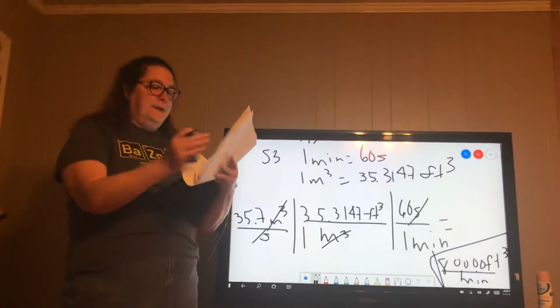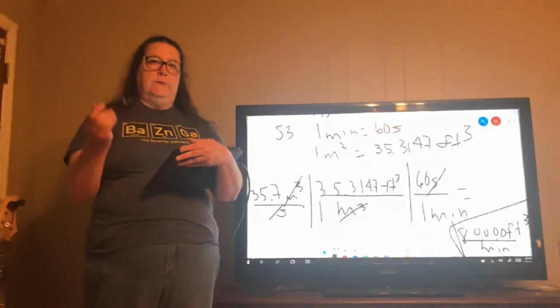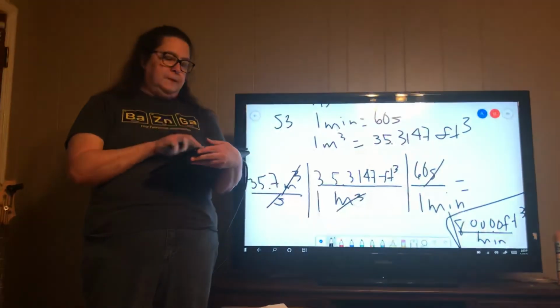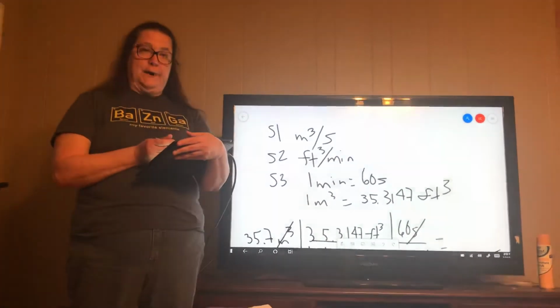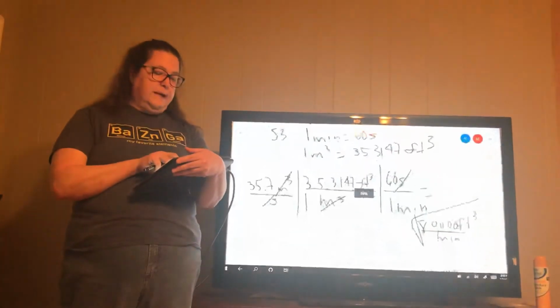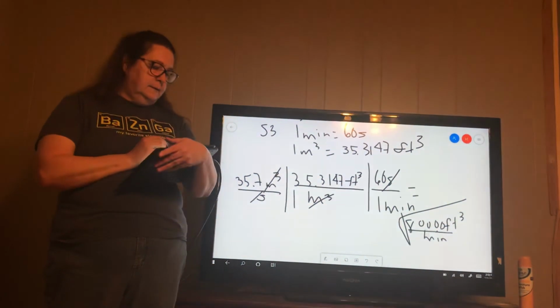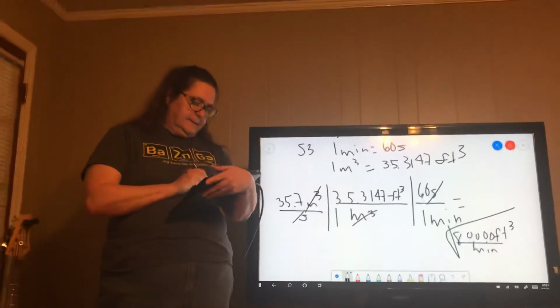So that takes care of the slides. So essentially what you're doing is you do step 1, you write down what you start with. Step 2, you write where you want to go. Step 3, you write all the conversion factors that can help you get there. And then, it's not really called that, but I'll make this up.